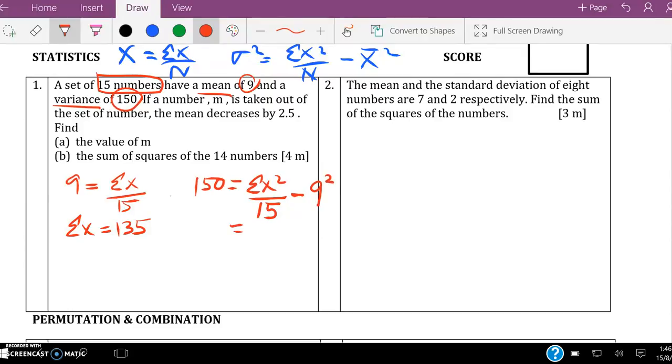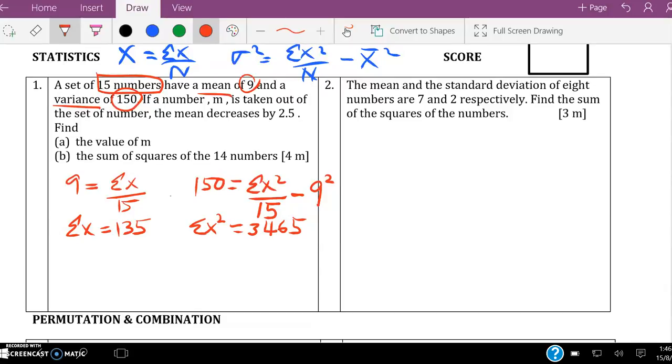So sum of x squared is 150 plus 81, times 15. It's 3465. So these two values are before a number is taken out.